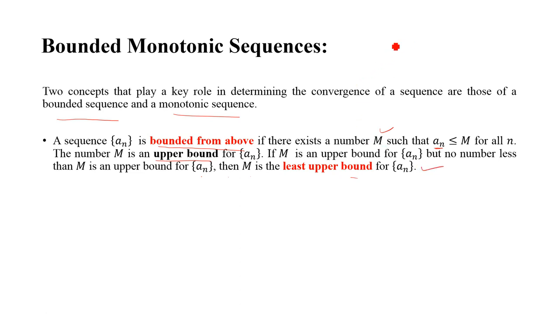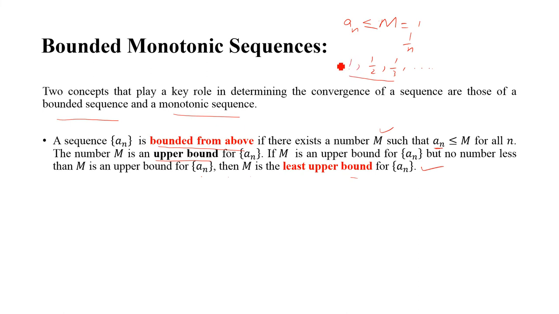For example, if we have the sequence 1 over n, if we list the terms of the sequence, we have 1, 1 over 2, 1 over 3, and so on. Every term of the sequence is less or equal to 1, right? So in this case, we have M equal to 1, and a_n is less or equal to M. So we have an upper bound for this sequence, which is 1.